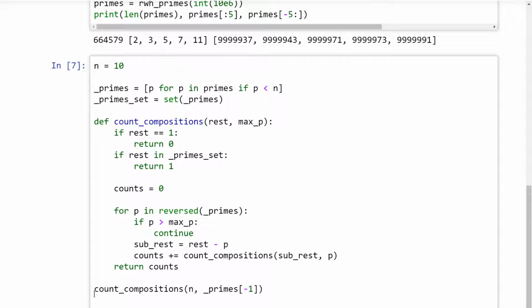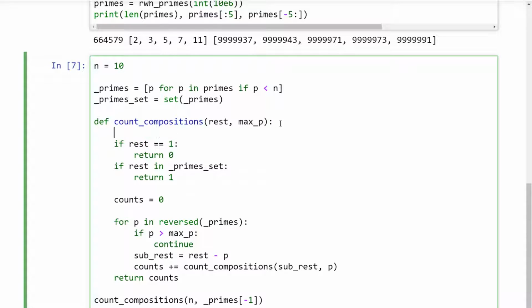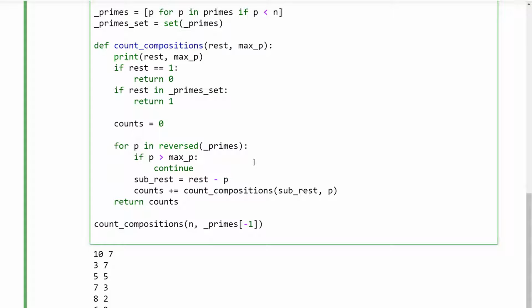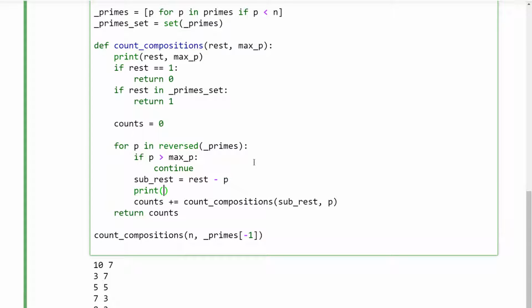We have 4. So already we're off to a bad start, but I guess. Let's see. Print rest, max p. So 10 and 7, 7, 5, 5. Okay, what is the thing here? Print p, subrest.